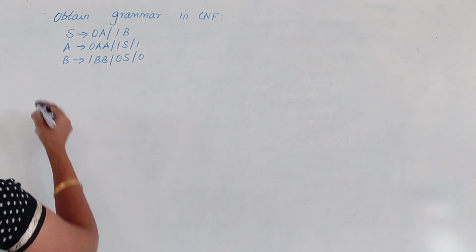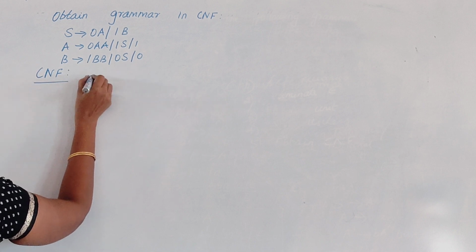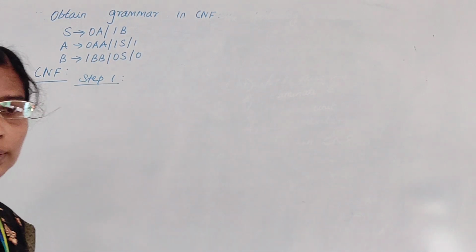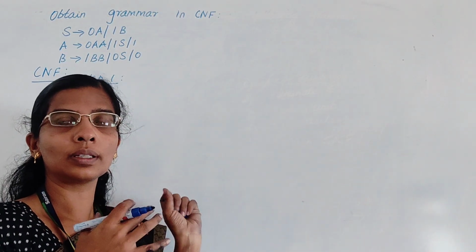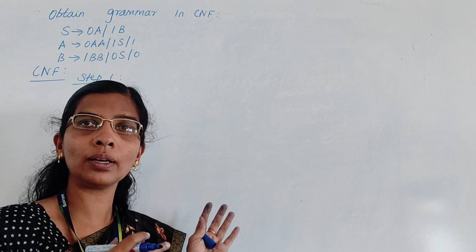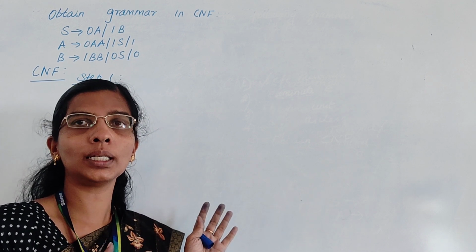For CNF, again I have two steps. As you know, what is the form of the CNF? In the RHS, I can have two non-terminals or a single terminal.